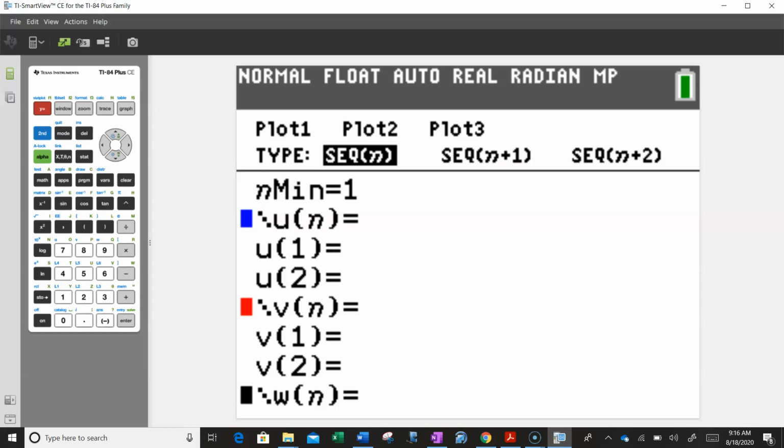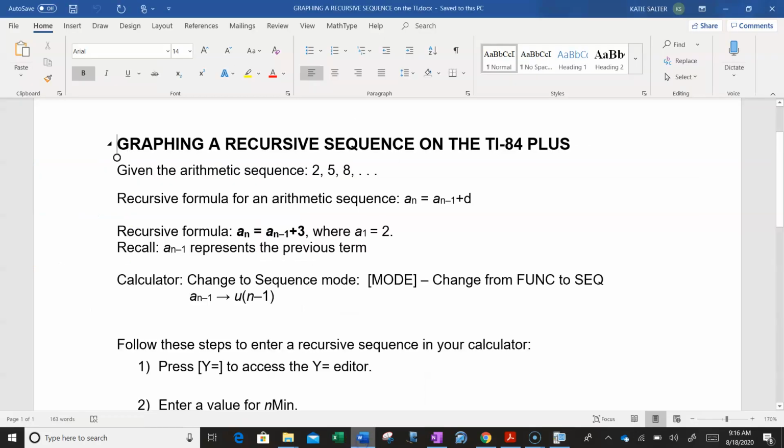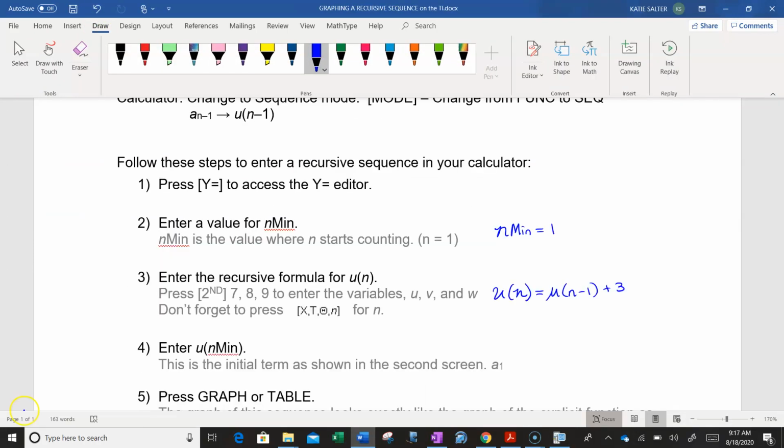You may want to write this on your sheet so you know what to do. When it says u of n, you're going to type u of n minus 1 plus 3. That comes from our formula, a sub n equals a sub n minus 1 plus 3.